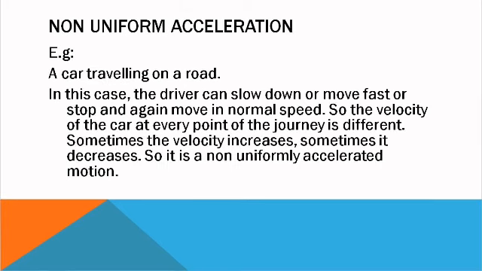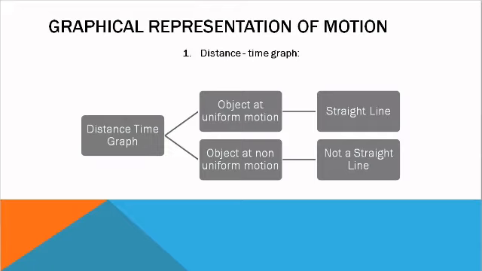In non-uniform acceleration we have seen the example of a car driver. In that case it was a non-uniform acceleration because the velocity of the car at different point of time was different, and if at every interval of time the velocity becomes different, then the acceleration is a non-uniform acceleration.